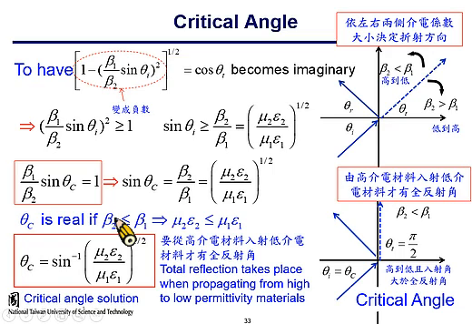Then we can find that if epsilon 2 is greater than epsilon 1, then the square root of this is greater than 1. So the arc sine of a number greater than 1 will end up with no real solution for theta c.